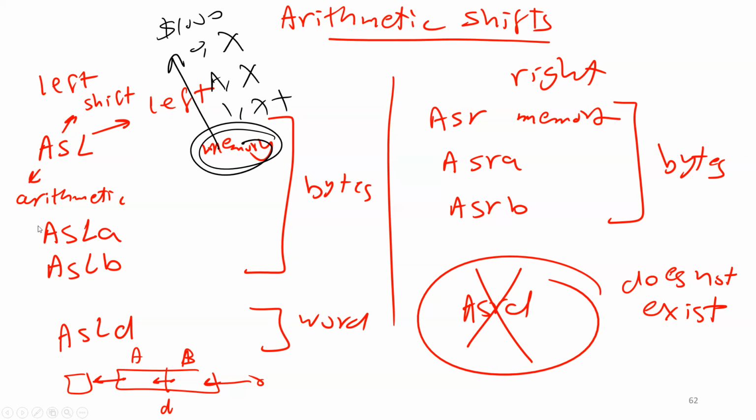Then you have arithmetic shift left for A, arithmetic shift left for B, and then we have arithmetic shift left for register D. This is a word. For right, we have everything similar to this, except for some reason they didn't make this one, so we don't have this one here. As you see here, we have arithmetic shift right for a memory location, arithmetic shift right for A, arithmetic shift right for B.